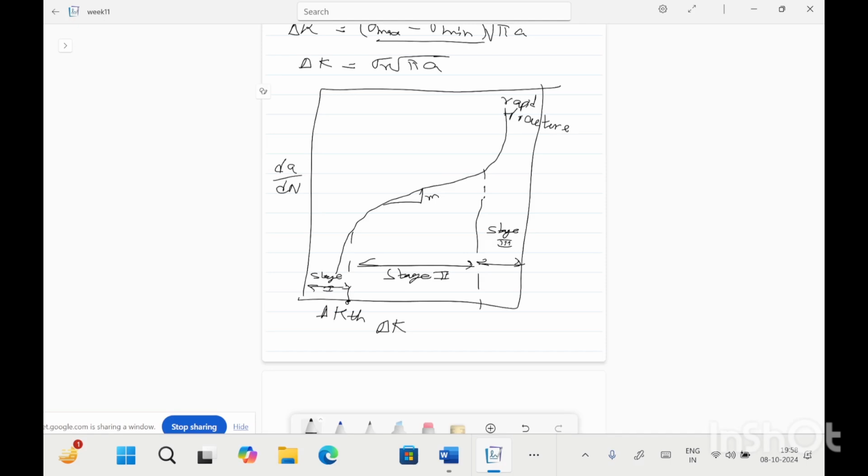Delta K threshold is the threshold for non-propagating cracks.